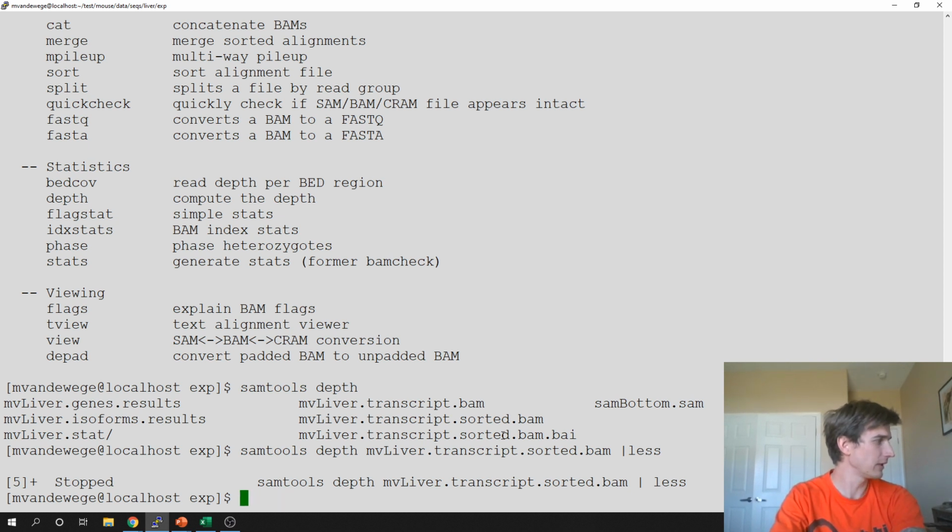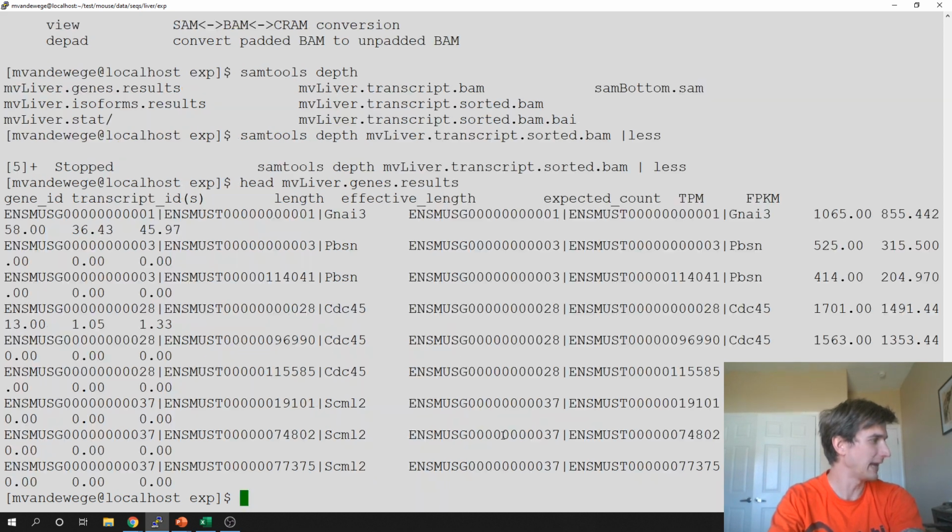So the gene results and the isoform results are basically the same file. I don't ever look at the isoform results. It doesn't tell us that much more information than what's in the gene result file. It is plain text, so we can look at this. What we see in this file is basically gene expression data.